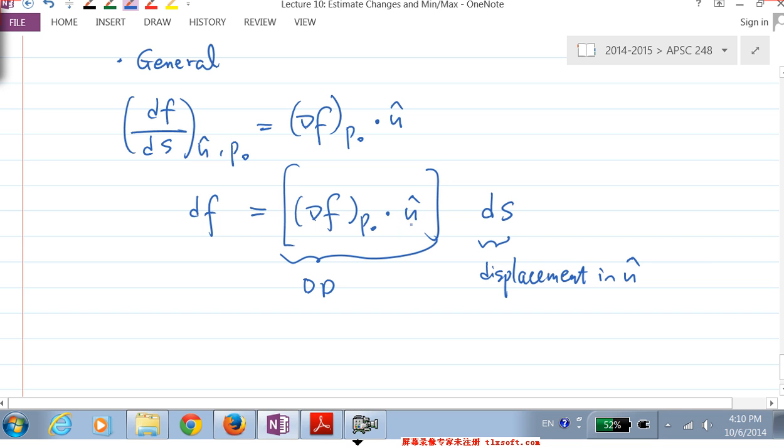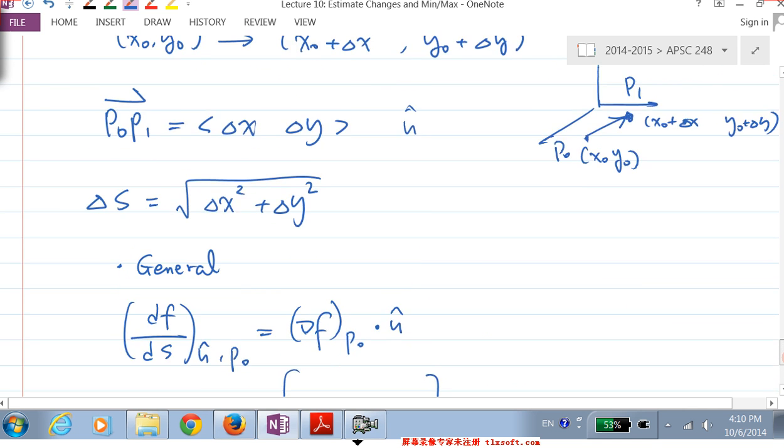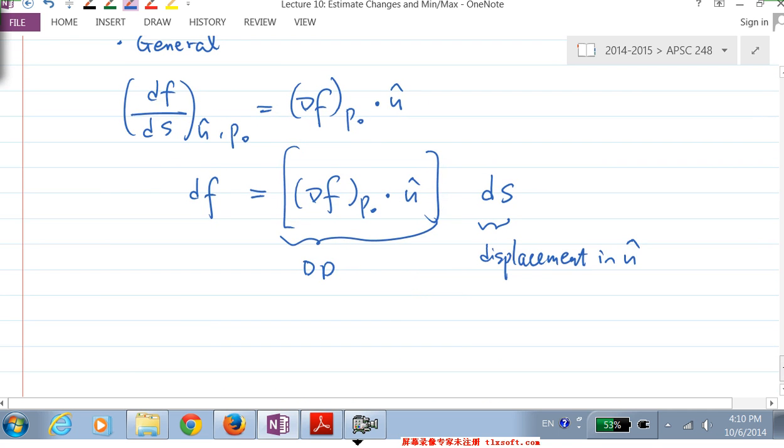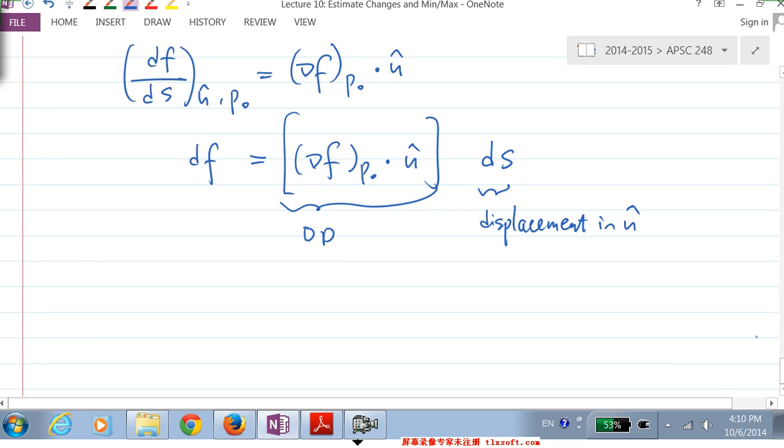Whether this makes sense or not, let's use this formula to test the second bullet here, as a quick proof, not a very rigorous proof.